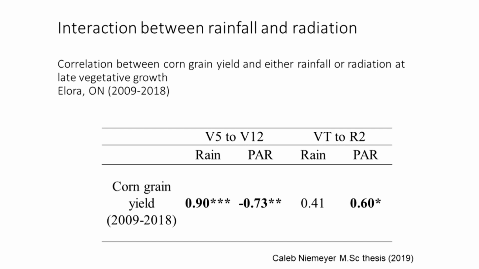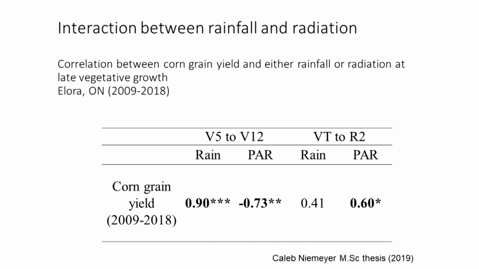So during the V5 to V12 growth stages, that's roughly mid-June to mid-July for Aurora, rainfall during this period was very positively correlated to grain yield. But photosynthetically active radiation during this time was negatively correlated to grain yield.